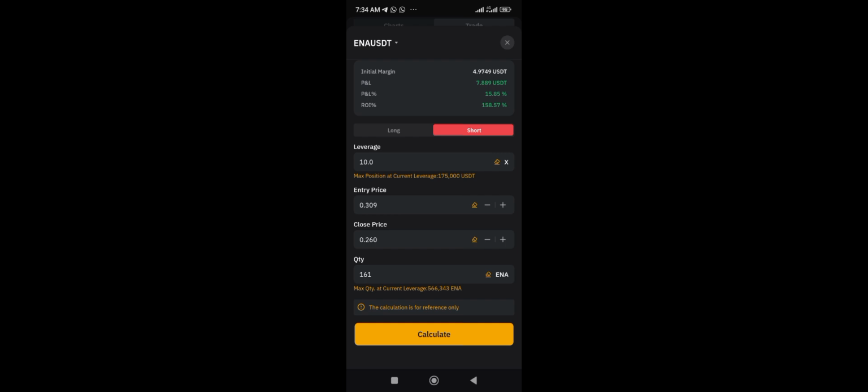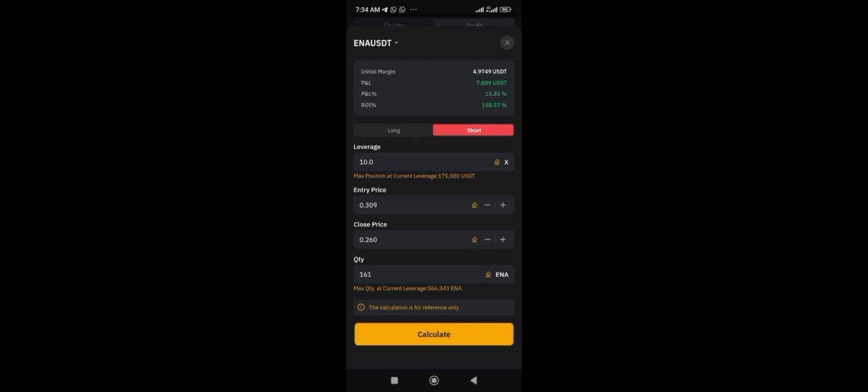So I've calculated my profit right now. You can see I have made about 7.889 USDT, almost close to the previous one I made, which was 8 point something dollars. So you can see that this thing is actually working, man.